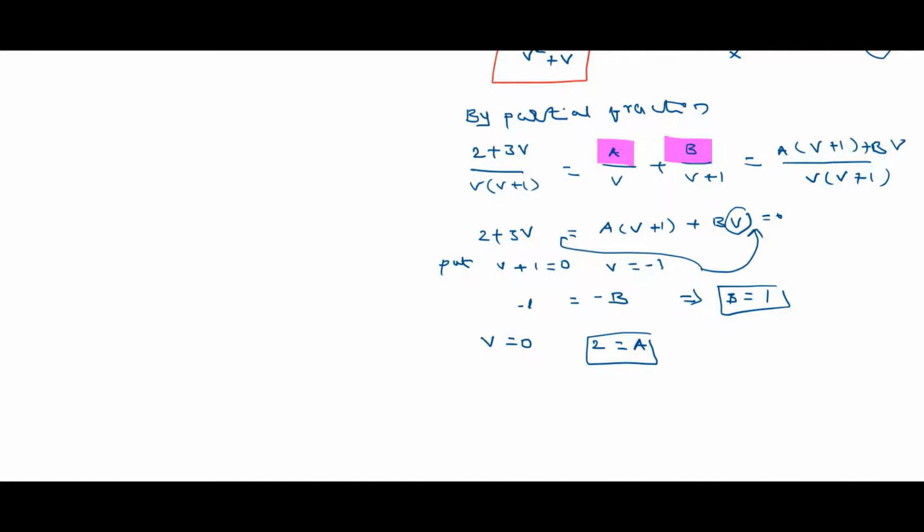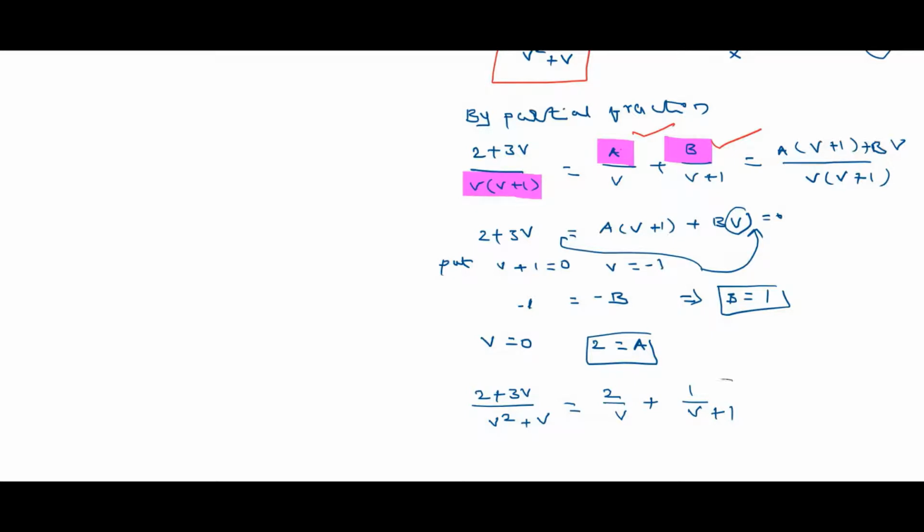So therefore the above equation becomes (2 + 3v) divided by this denominator, which again I will write as v² + v only, is equal to... Now substitute the value of a, which is equal to 2, so we get 2 divided by v plus, now substitute the value for b, b is equal to 1, so you will get 1 divided by (v + 1).